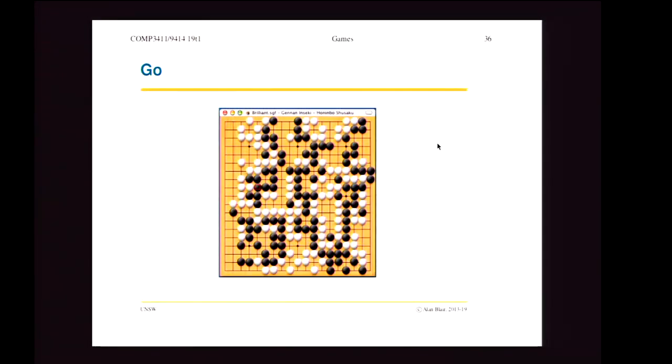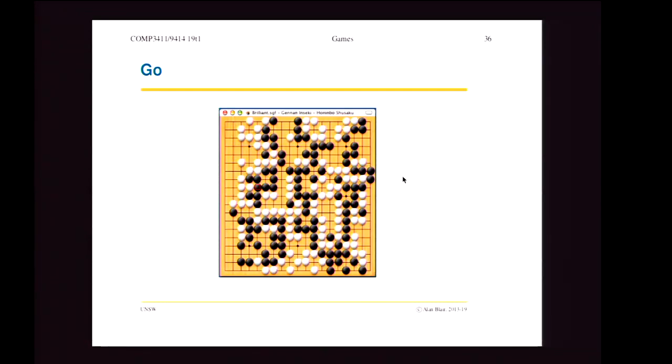Now Go. The traditional techniques for chess don't work very well for Go because the branching factor is too large. So people developed techniques in the early 2000s, Monte Carlo tree search, where you do a bit of searching: you search the tree and build up the tree as you go, search a certain number of moves ahead, and then afterwards you just play the game out randomly or according to certain pattern matching.